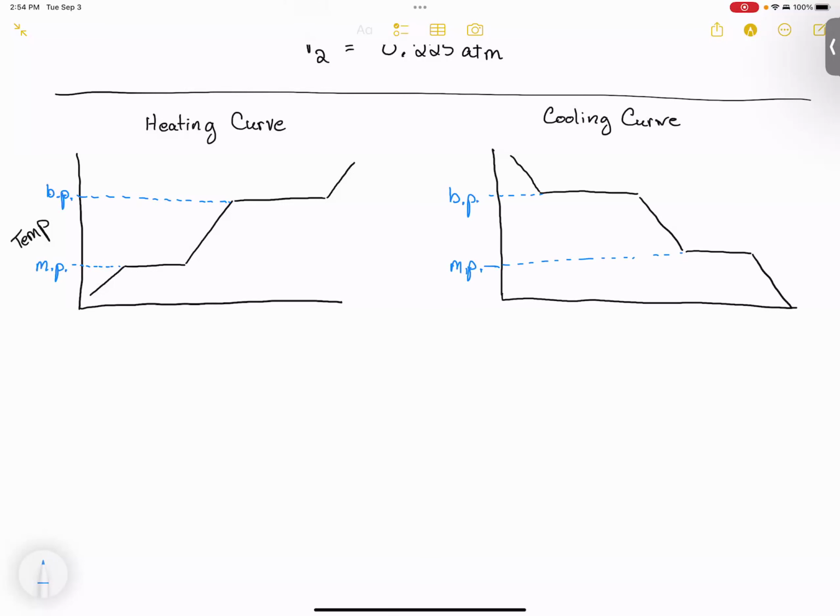So if we're talking about water, it would be 0 and 100 degrees Celsius. If you're talking about something else, I will give you the melting point and boiling point of that substance. Now, we're going to talk about each line segment in the process.